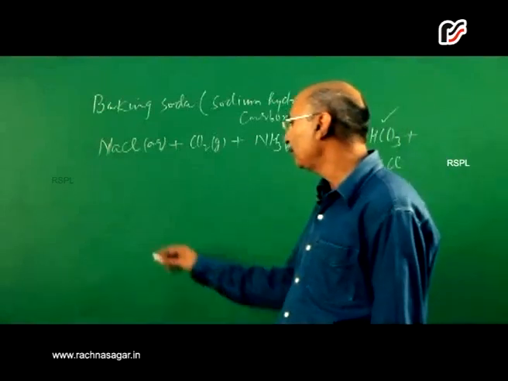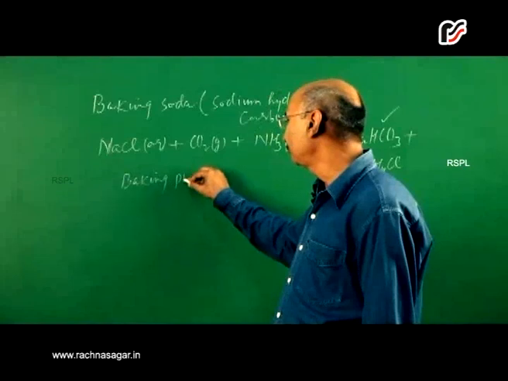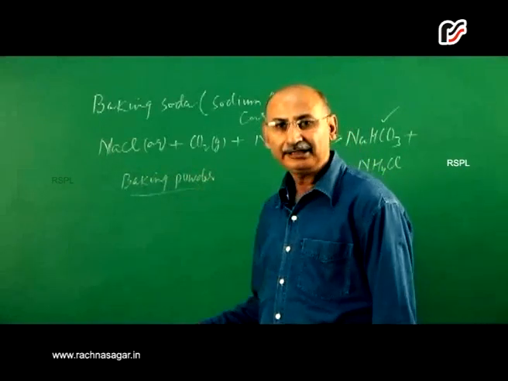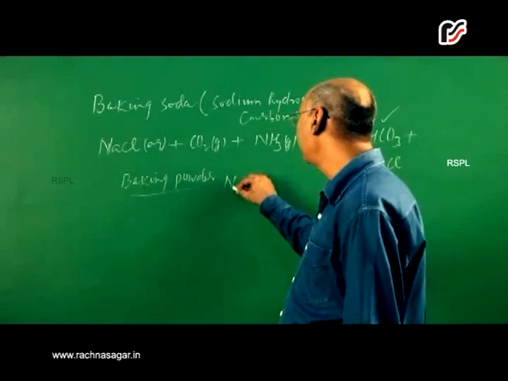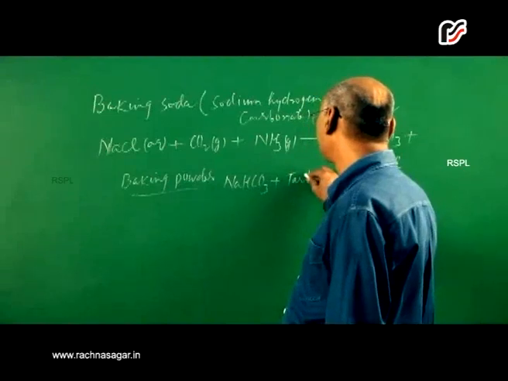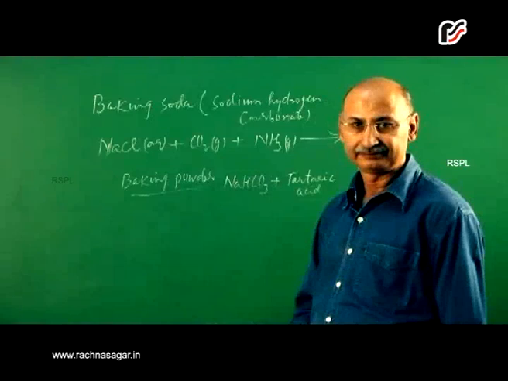Now tell me, what is baking powder? Any one of you know what is baking powder? Sodium carbonate. It is mixture of sodium hydrogen carbonate plus tartaric acid. Now question is, why do we need to add tartaric acid?